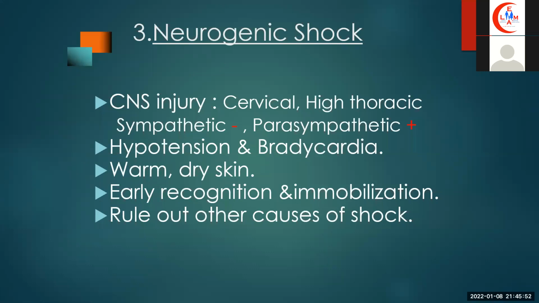Neurogenic shock is different from spinal shock. Okay, spinal shock is actually a contusion of the spine, and it causes flaccidity, loss of muscular tone, and loss of reflexes, and the duration varies, but it is completely different from neurogenic shock.